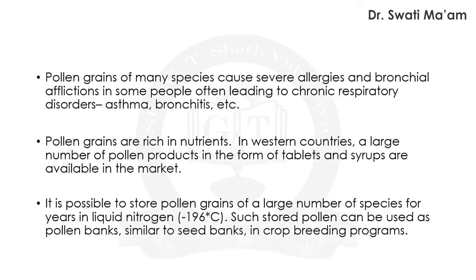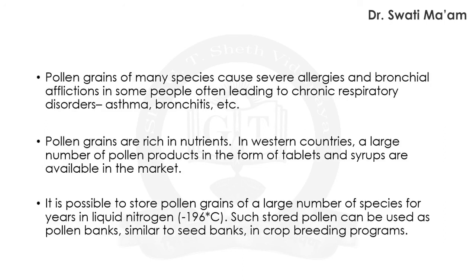But now some techniques are being developed. It is possible to store pollen grains of a large number of species for many years in liquid nitrogen, that is at minus 196 degrees centigrade, and such stored pollens can be used as pollen banks, which is similar to a seed bank or money bank. You are more familiar with this term, money bank.